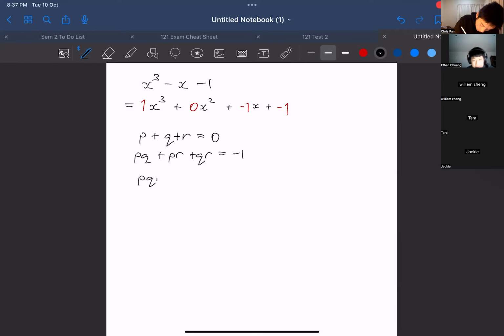And then finally, pqr is negative d over a, so it's negative of negative 1 over 1, which is 1. Okay, so we have our 3 equations here.